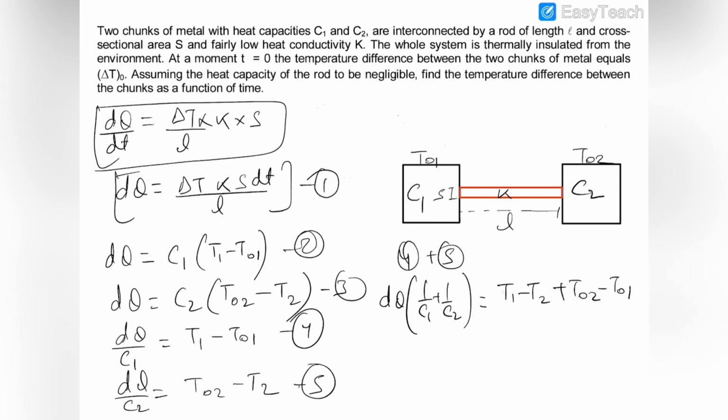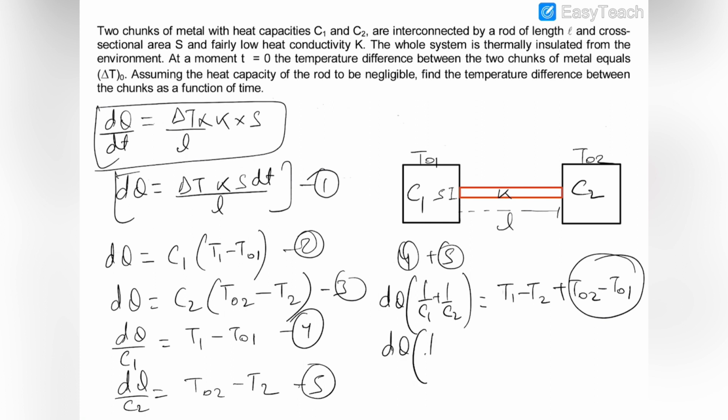So we have assumed that the heat is flowing from this chunk to this chunk, and therefore the greater temperature would be T02. So the initial temperature difference will be T02 minus T01.